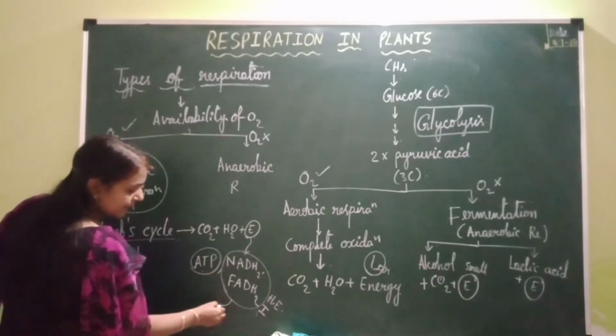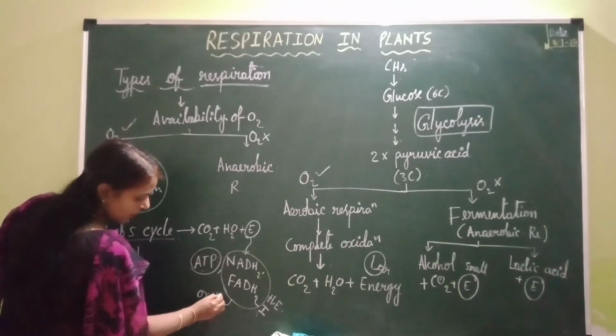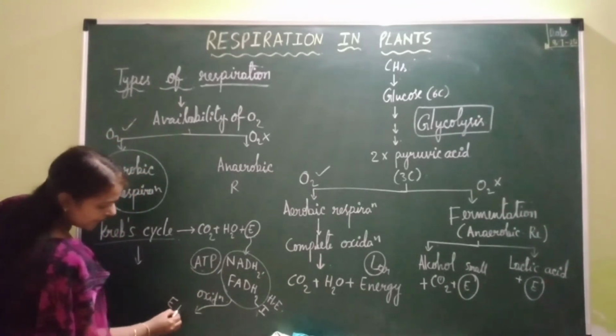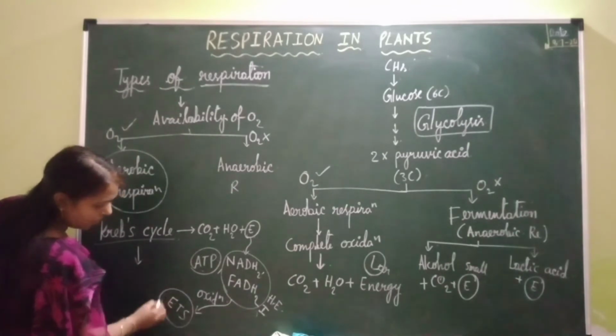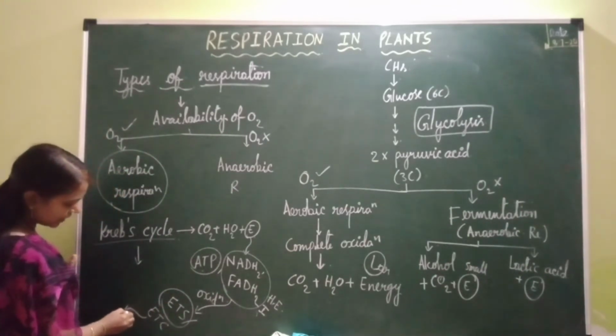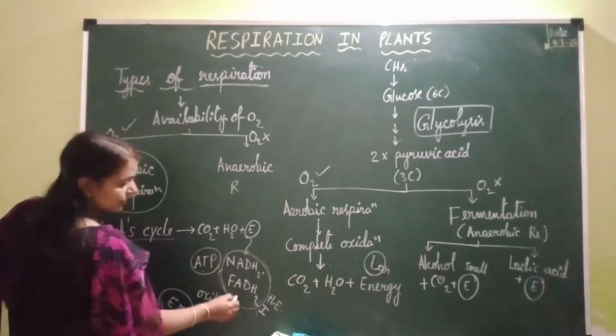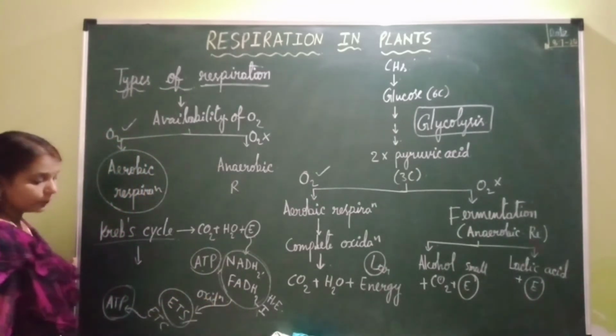They are high energy intermediates because they again undergo oxidation through another pathway called ETS, electron transport system, or ETC, electron transport chain, through which ATP is formed again. Why do these two forms of energy undergo further breakdown?